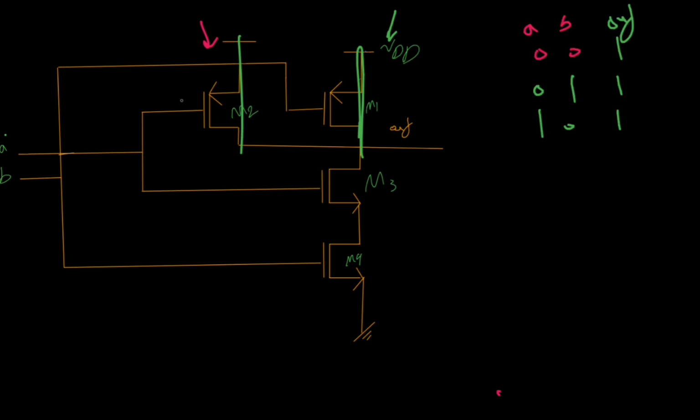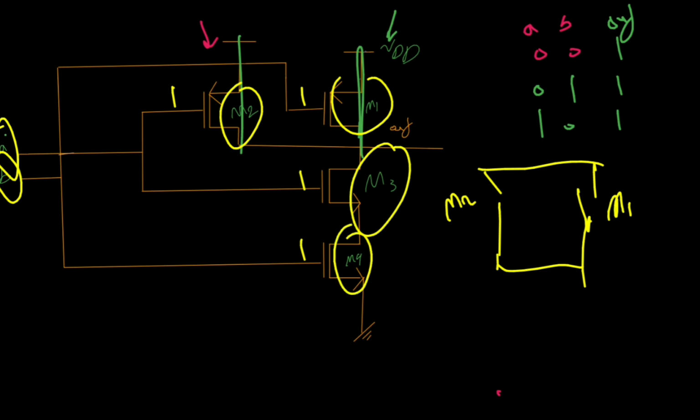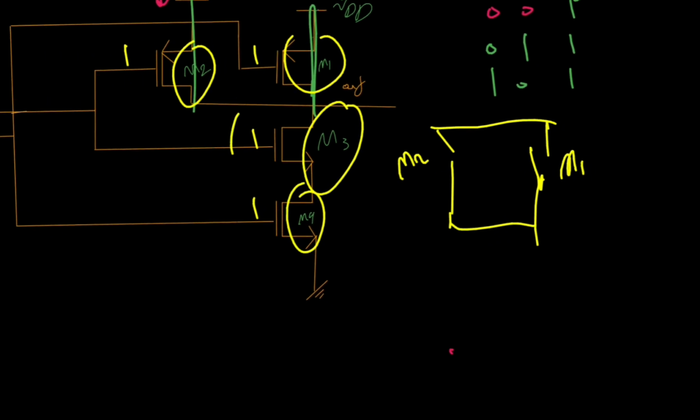So let's say, obviously all of them would be 1 if we give these two inputs equal to 1. So this time the PMOSes M1 and M2 would be open circuit. So this would be M1, and obviously this would be M2, and you see they are disconnected from the battery. But M3 and M4 are connected because they have 1 on their gate.